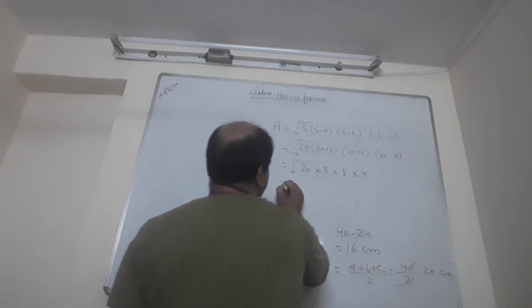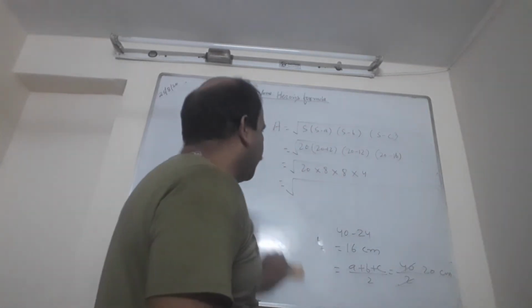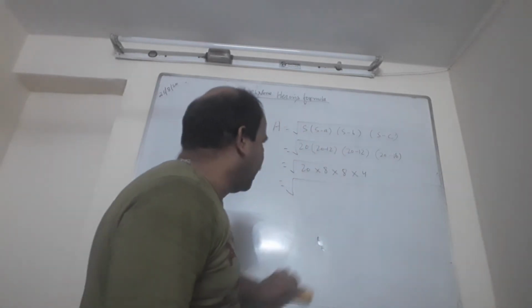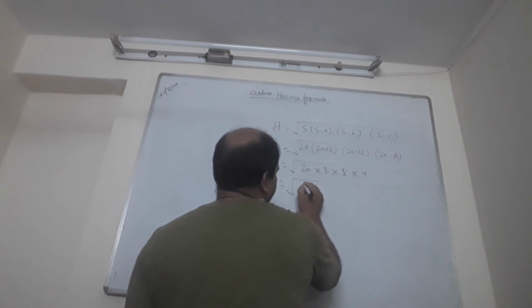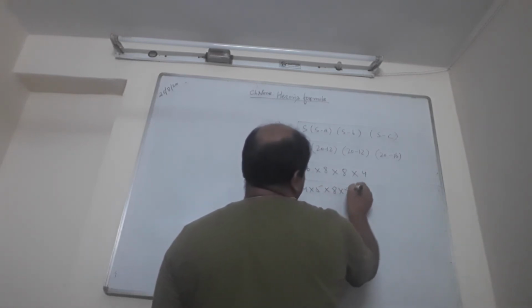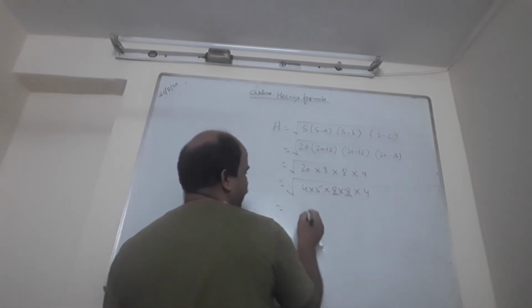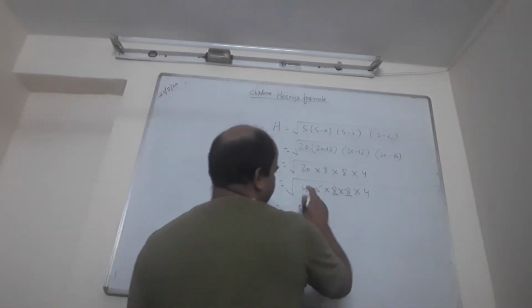There are two methods to find the square root of the given number here, but I would advise you to expand the number, like 20 can be written as 4 into 5, then 8 into 8 into 4. See, there is one pair of 8, so when it comes out of the root it becomes 8.